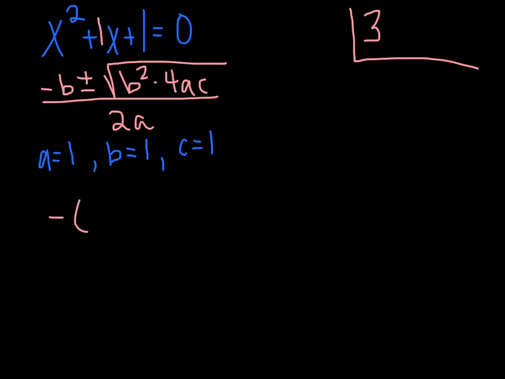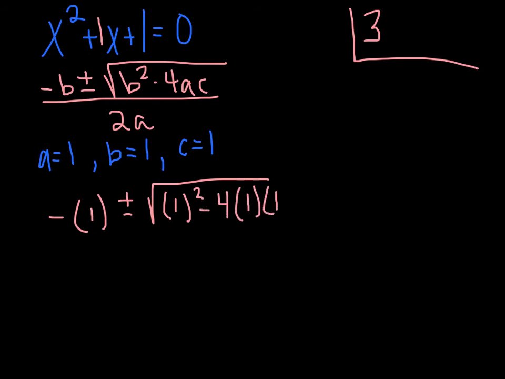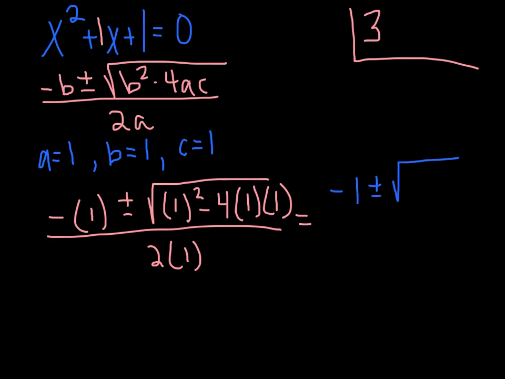So negative b, which is -1, plus or minus the square root of b squared, 1 squared, minus 4ac, all over 2a. When I simplify that, I'm going to get -1 plus or minus the square root of 1 squared, which is 1, minus 4 times 1 times 1, which is 4, all over 2. So -1 plus or minus the square root of 1 minus 4, which is -3, all over 2.